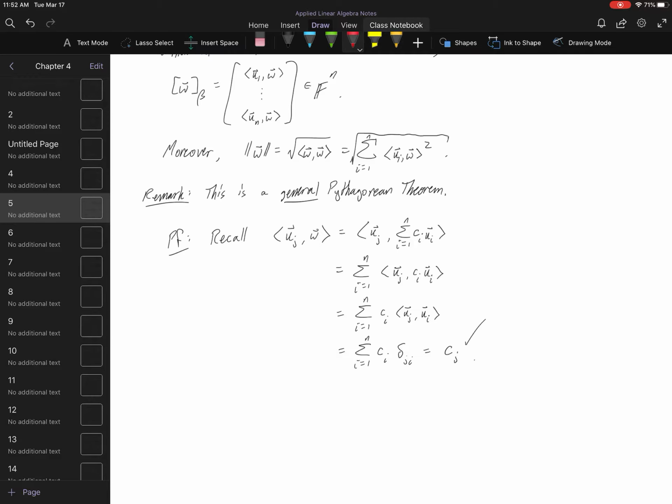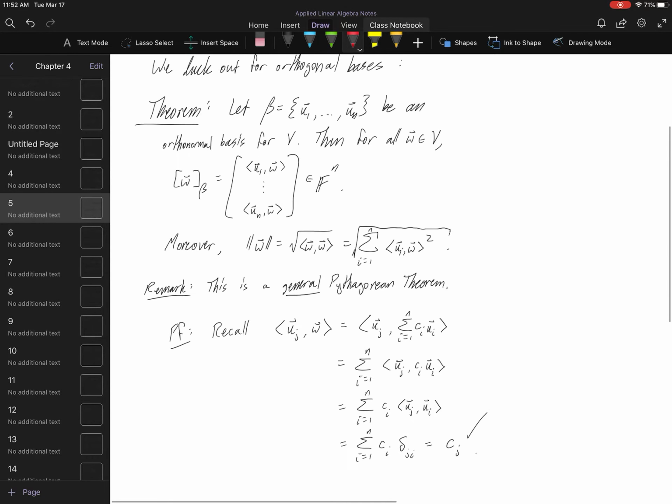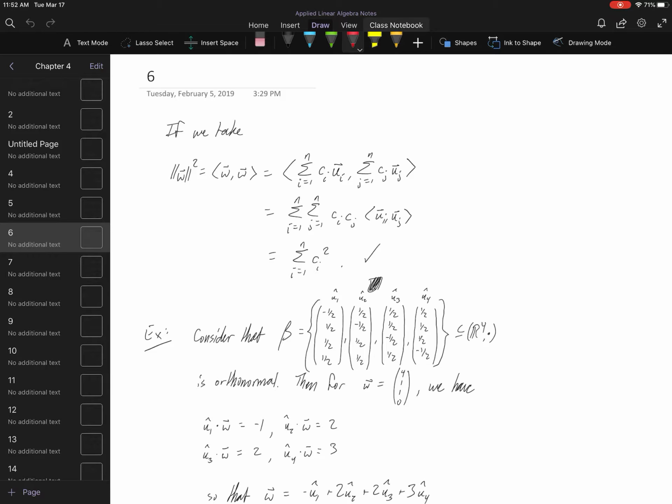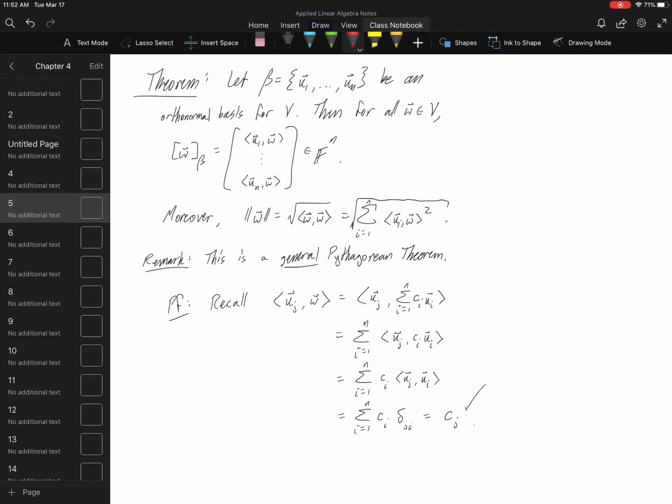So no problem. This actually shows us how easy it is to use these orthonormal bases. And if we were to go ahead and continue, let's see if I do that on the next page. I totally do. We can actually see a generalized Pythagorean theorem out of this, where we say that the length of the vector is exactly the sum of a whole bunch of squares. Notice how we're not using the dot product anywhere in here.